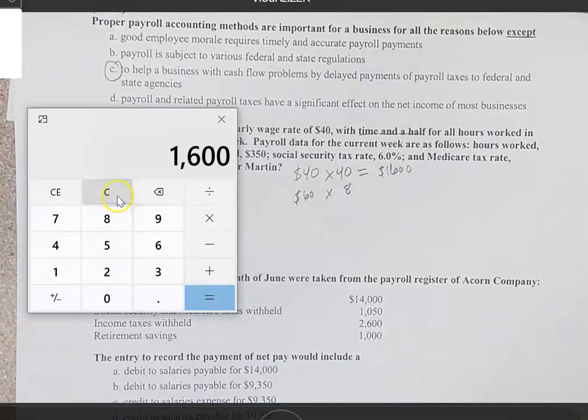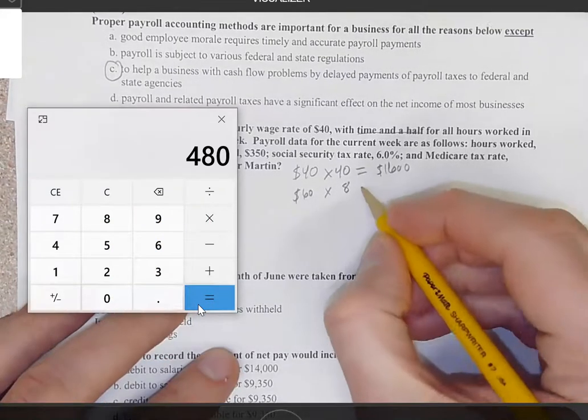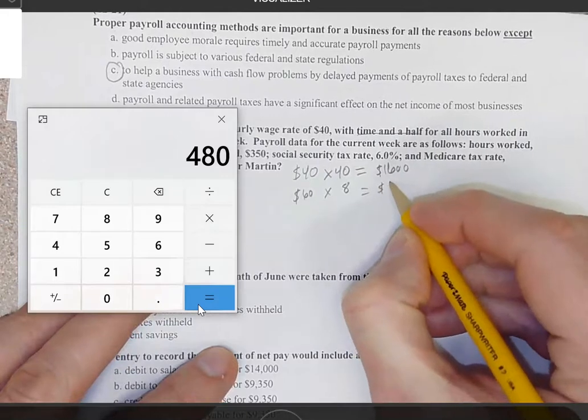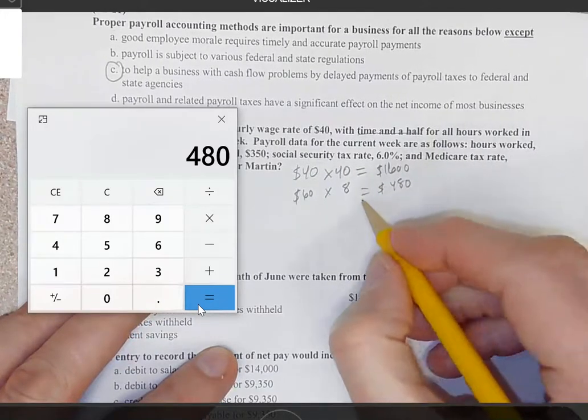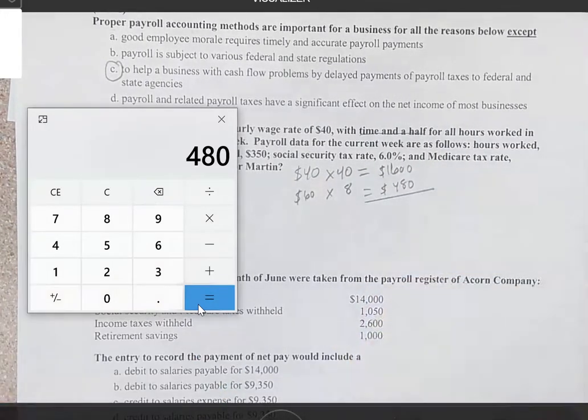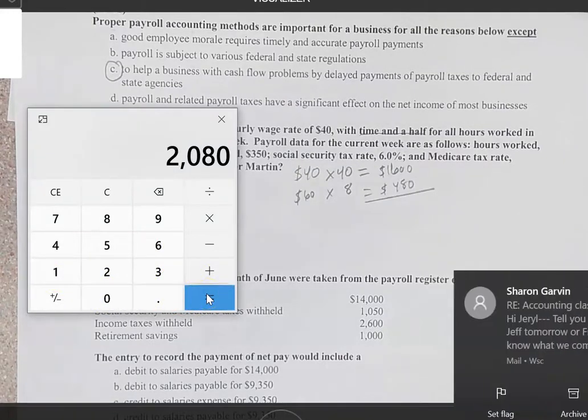Okay, clear that out. And then $60 times $8 equals $480. If we add to the 480 our original 1,600, we get 2,080.